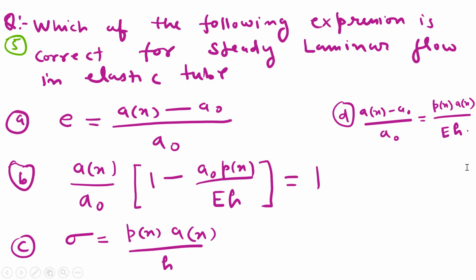Which of the following expressions is correct for steady laminar flow in the elastic tube? The options are in front of you. These are the basic numerical type discussions that were there. So why have I kept it? Because apart from the theoretical questions, these are equation and basic formula type questions, or these balances.